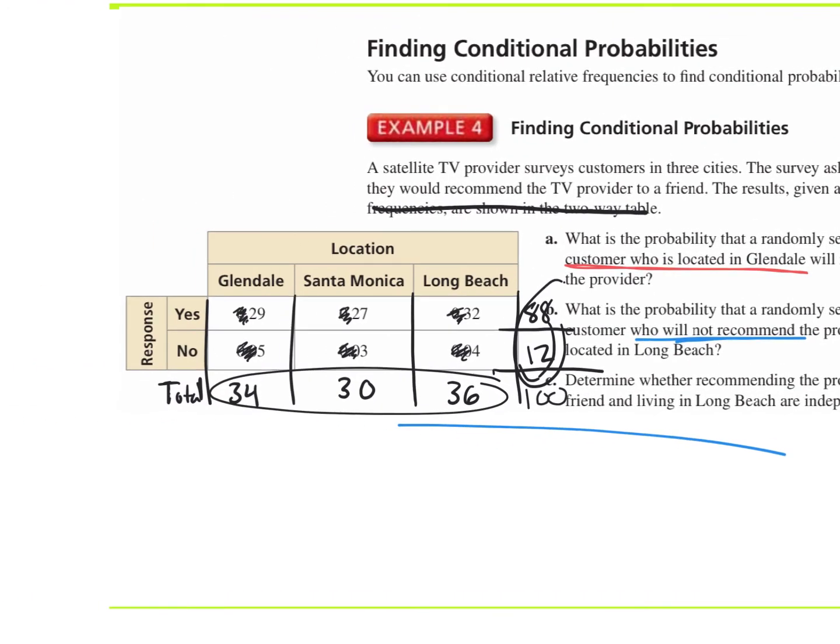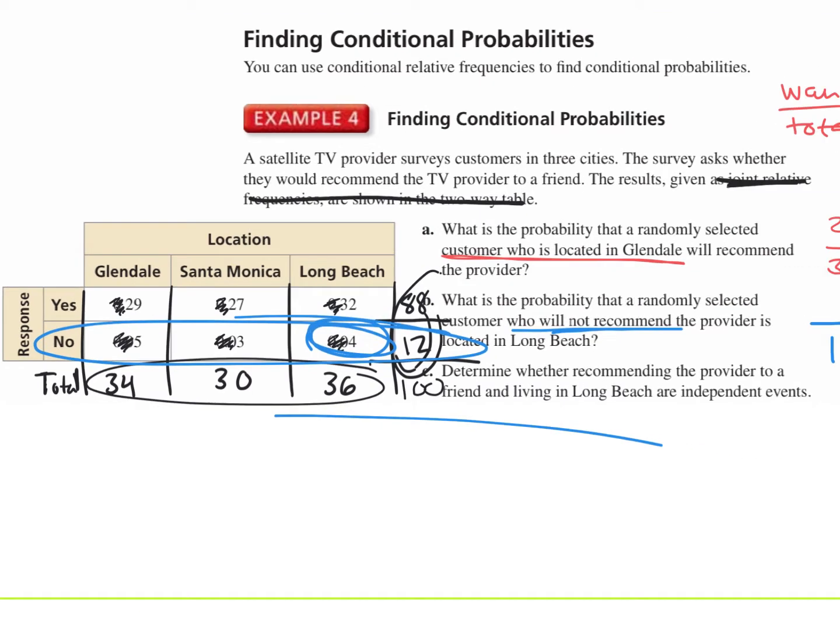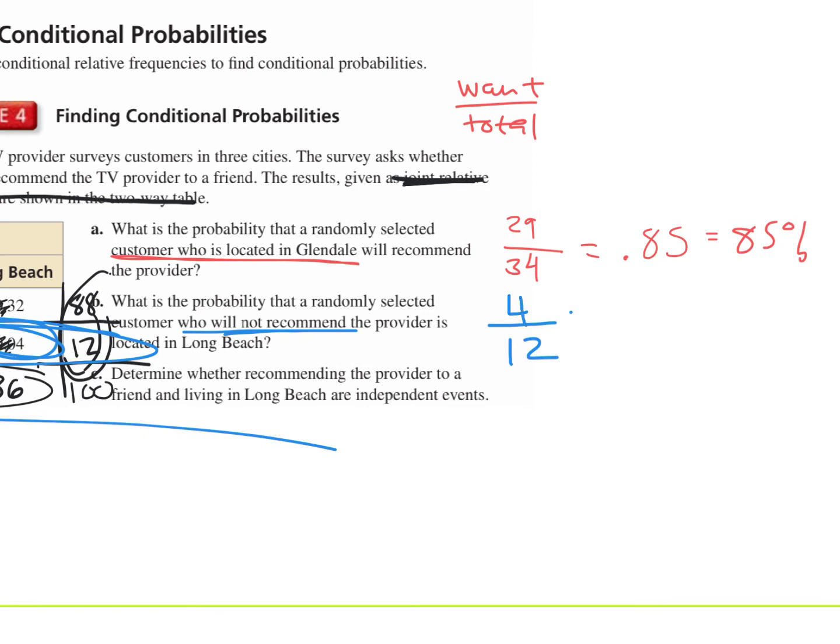Just out of the ones that said no, how many people live in Long Beach? 4. So it is 4 out of 12. The number on top will never be bigger than the one on the bottom, because then you would have 100 or 200%, something bigger than 100, and you're not going to have 200% probability for these.